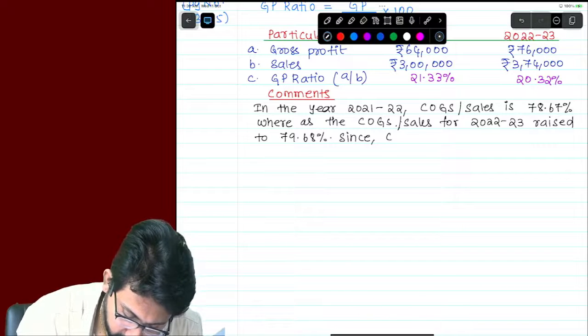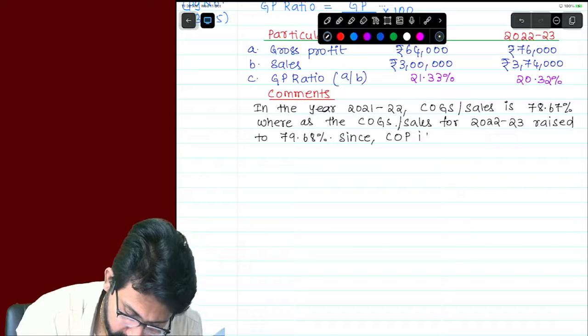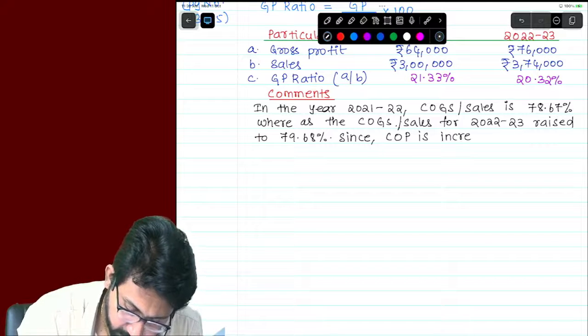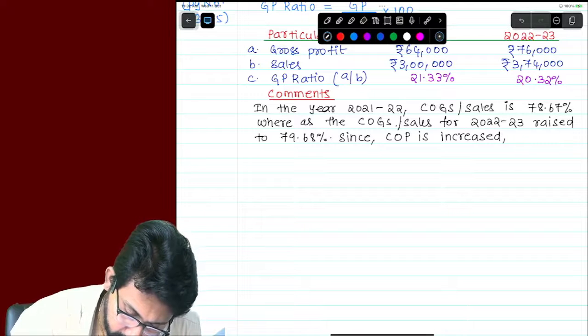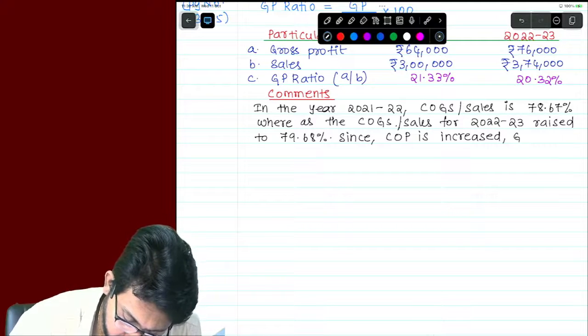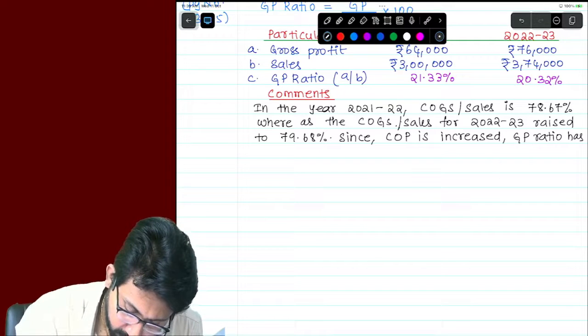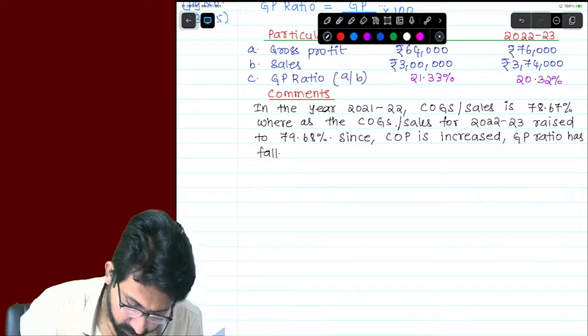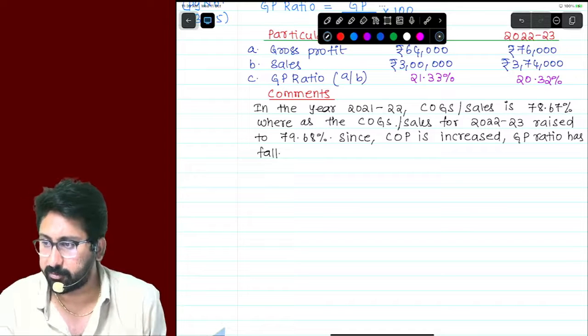Since cost of production is increased, GP ratio has fallen.